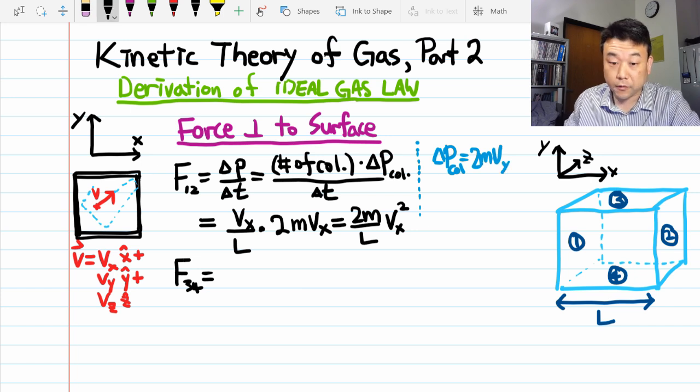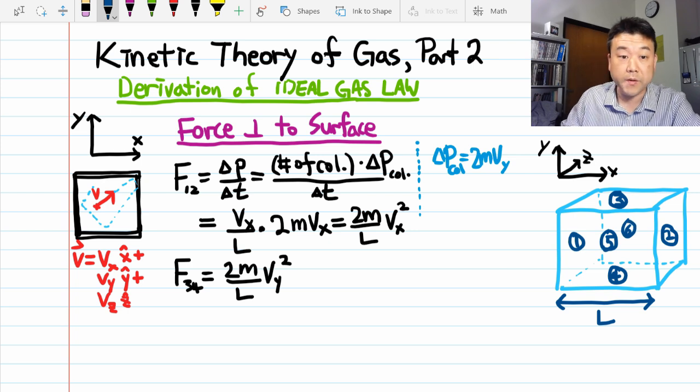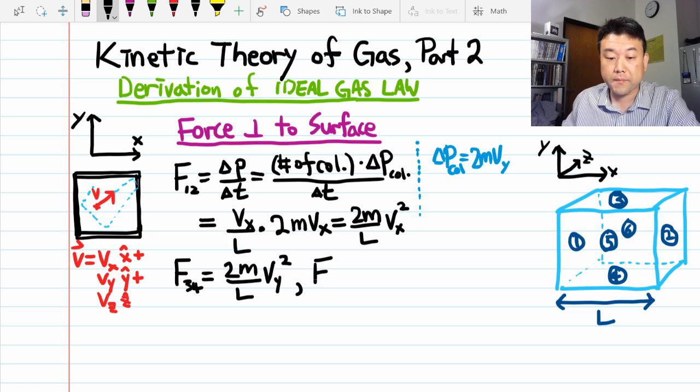And the expression for force here will be 2m over L vy squared. Same distance L since it's a cubic volume. And we are going to consider surfaces 5 and 6, the two surfaces perpendicular to the z-axis. And the force for this pair of surfaces will be 2m over L vz squared.